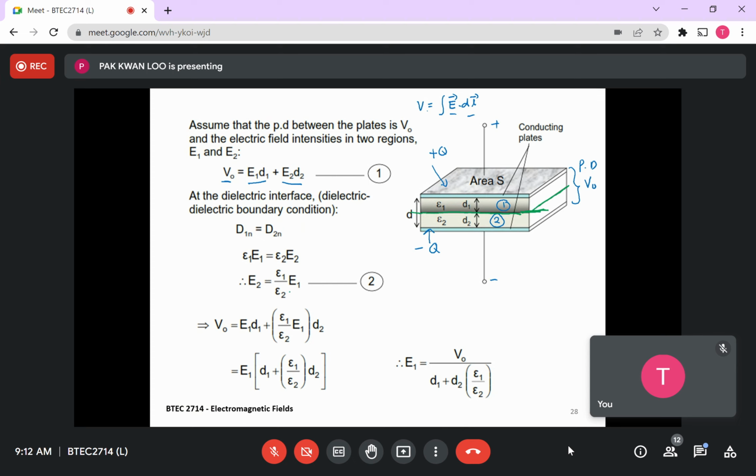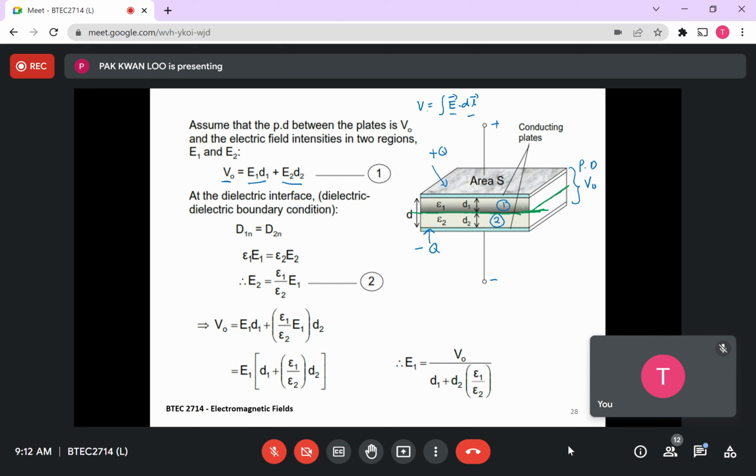So this step, by applying the boundary condition, is to obtain the electric field E2 in terms of E1.